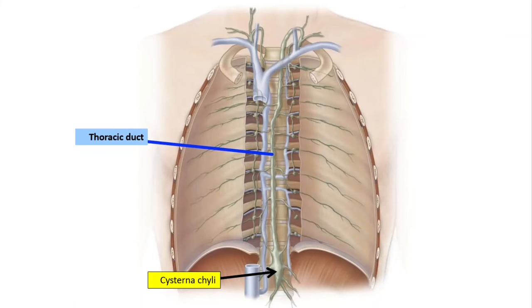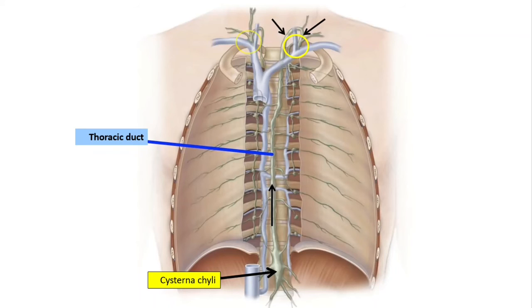And from this cisterna chyli, a duct goes up in the thorax and then turns to the left and joins lymph coming from the head and neck and the left upper limb, and the whole lymph is drained into the left subclavian vein. Here it joins the venous circulation. That's lymph coming from below the diaphragm.